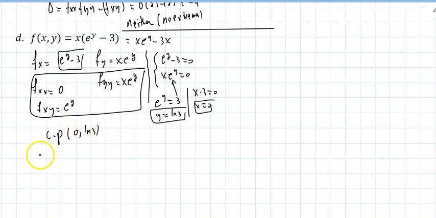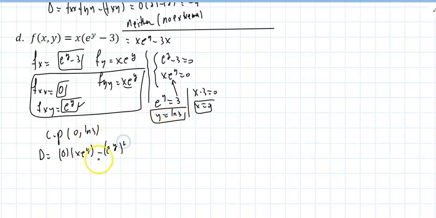Now, if I find d, which is f sub xx, that's a 0, times f sub yy, that's x e to the y, minus f sub xy, which is e to the y, but I need to evaluate that at the point 0, natural log of 3.